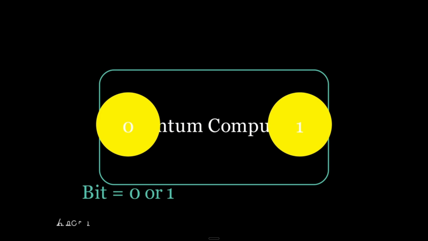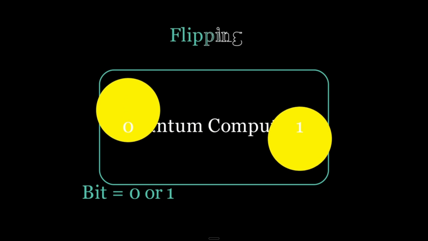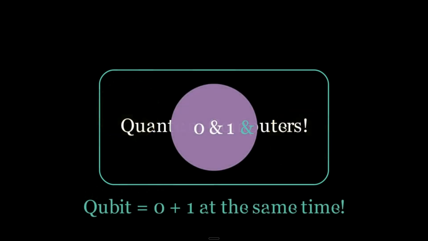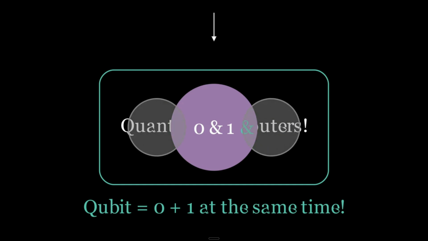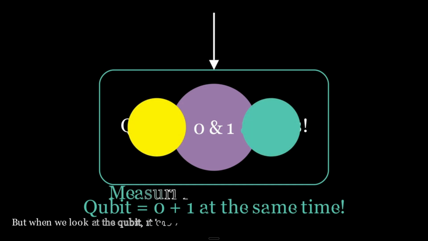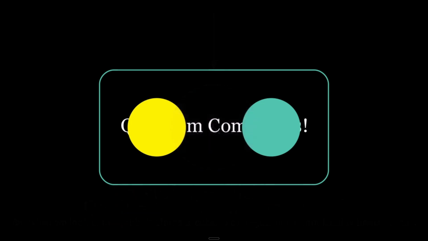Okay, it decided to generate two circles. A bit is like a coin that can be either 0 or 1. Okay, flipping. Now quantum computers, 0 plus 1 at the same time. That's pretty right. It's like a magic coin. Measuring picks 0 or 1.